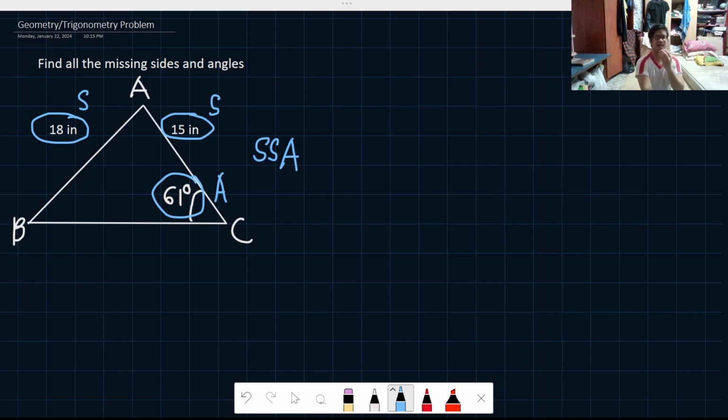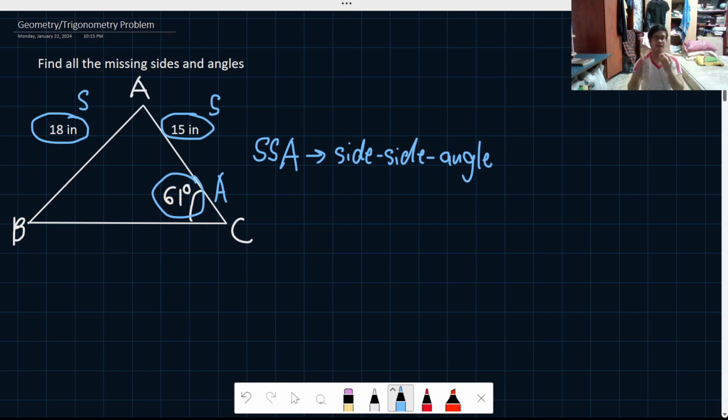What does SSA triangle mean? SSA triangle, basically, is a side-side-angle triangle, meaning you have given side measurements and a given angle measurement.